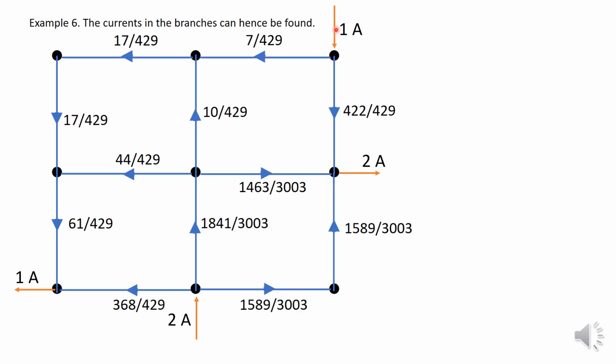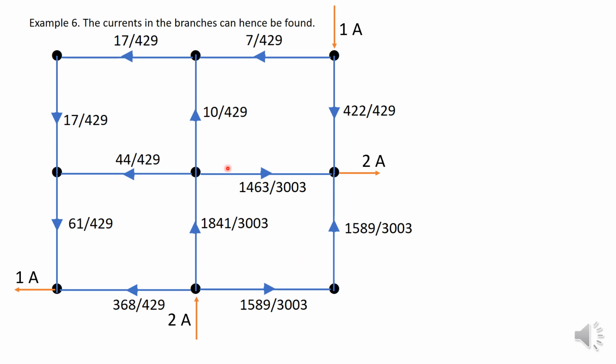I have current flowing down here, flowing across. Okay, I've changed everything to a positive sign also. If necessary, when you have a negative result, you just change the direction of the arrow and write it as a positive value. So I have these.